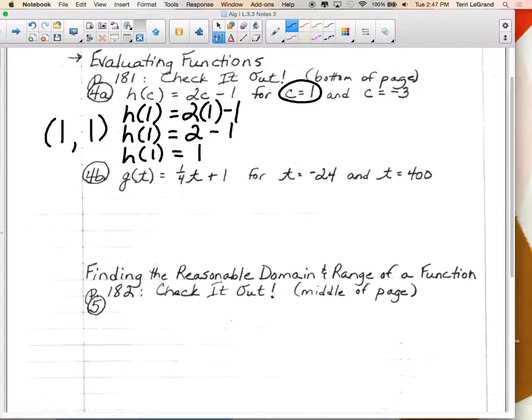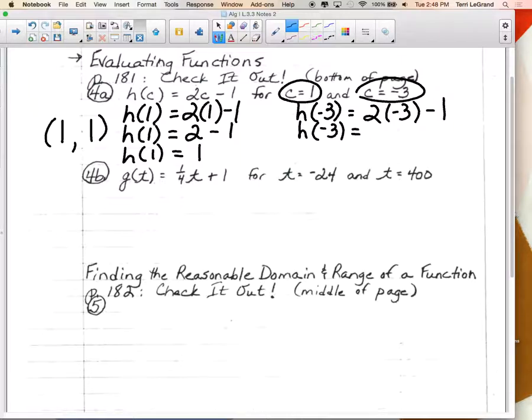But they didn't want us only to find 1, they just happened to want us to find a couple of them. So there's our second one. So now we're going to find h of -3. So in other words, evaluate the function for input value -3. So substitute -3 into the function rule for the c value and evaluate.